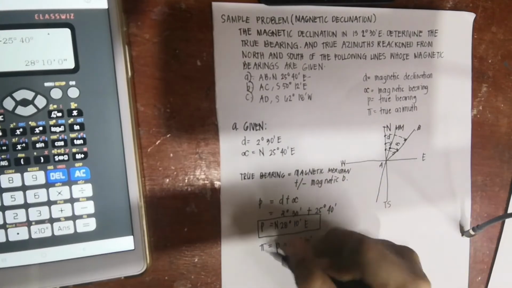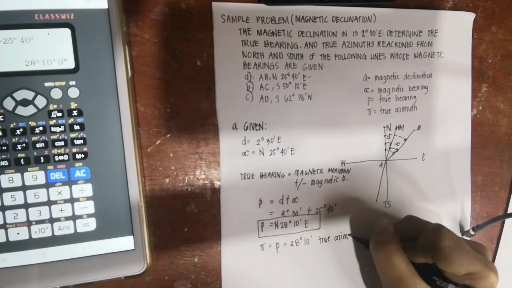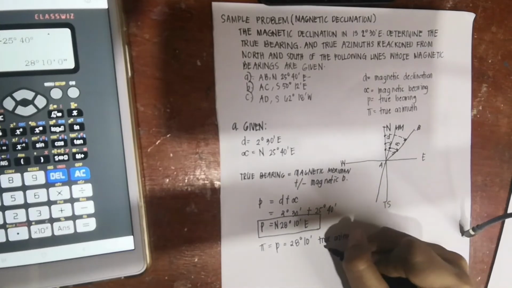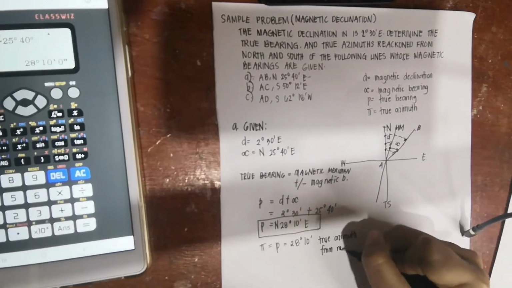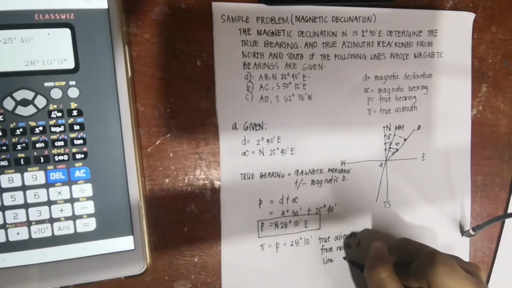That is the true azimuth from north of line AB.